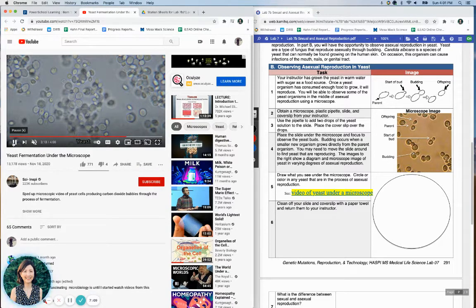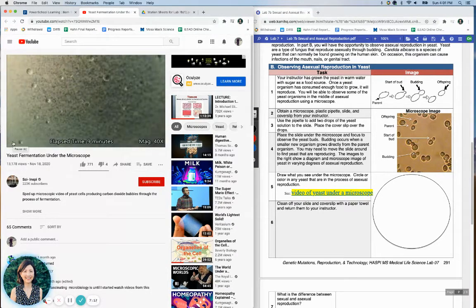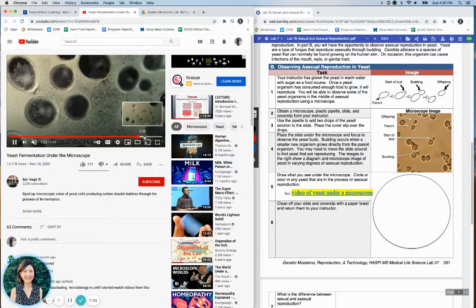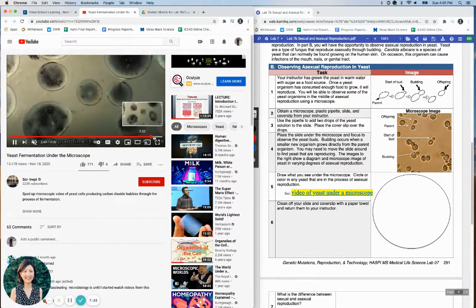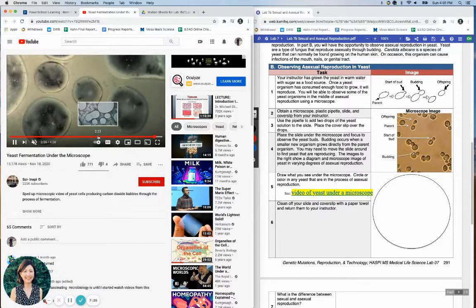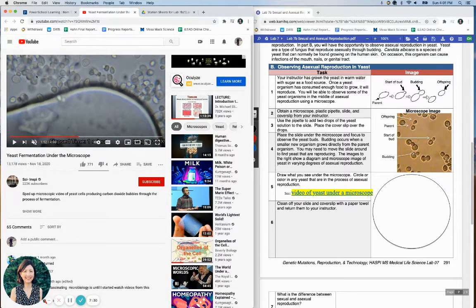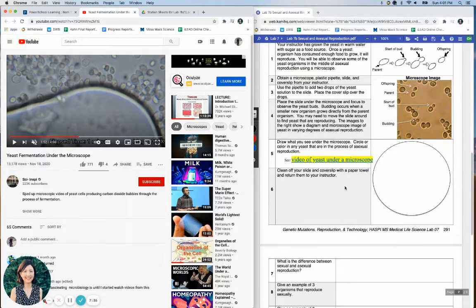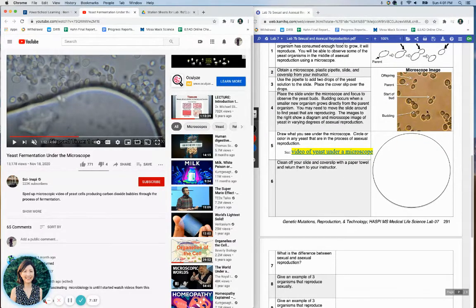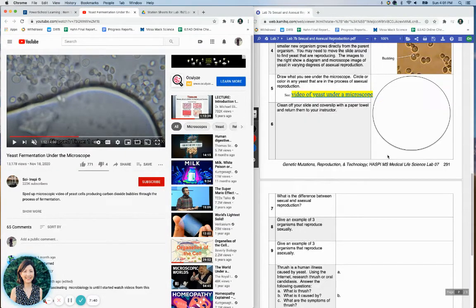You can either draw the picture or screenshot it, but just circle where you see it budding. These are bubbles, so don't label that. I know he has some good pictures in here, so you'll have to look for them. These are the yeast cells, not this big thing. So you want to look for some reproducing yeast under the microscope, and you're going to add that picture here.